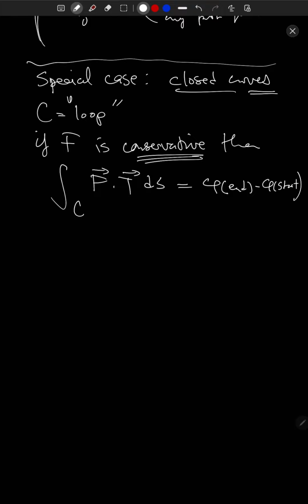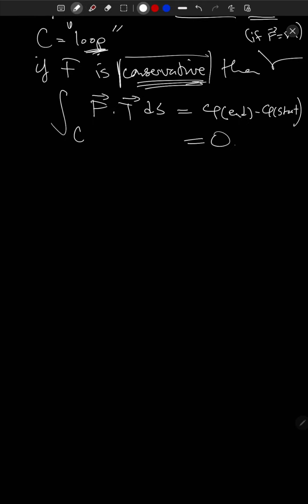Whatever phi is, we know there exists a phi because this is conservative, so f equals gradient phi. But C is a loop, so phi of end minus phi of start is 0. So that's equal to 0.